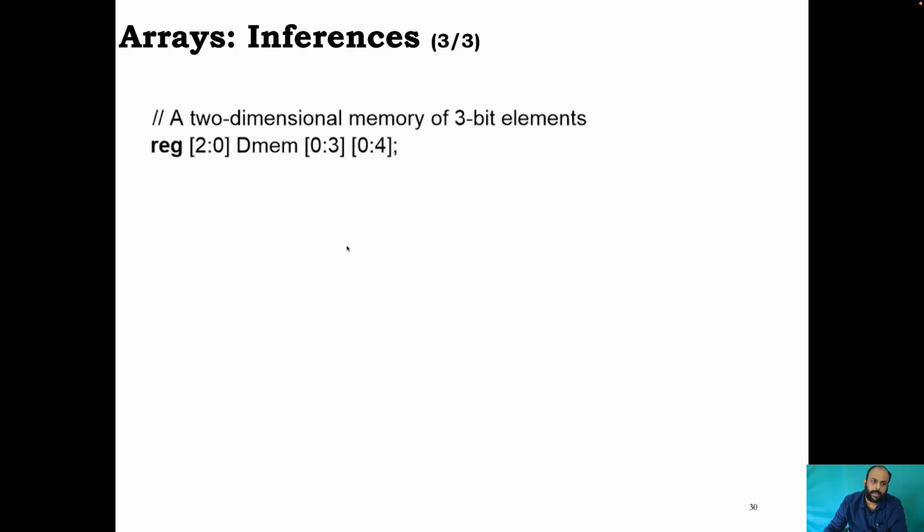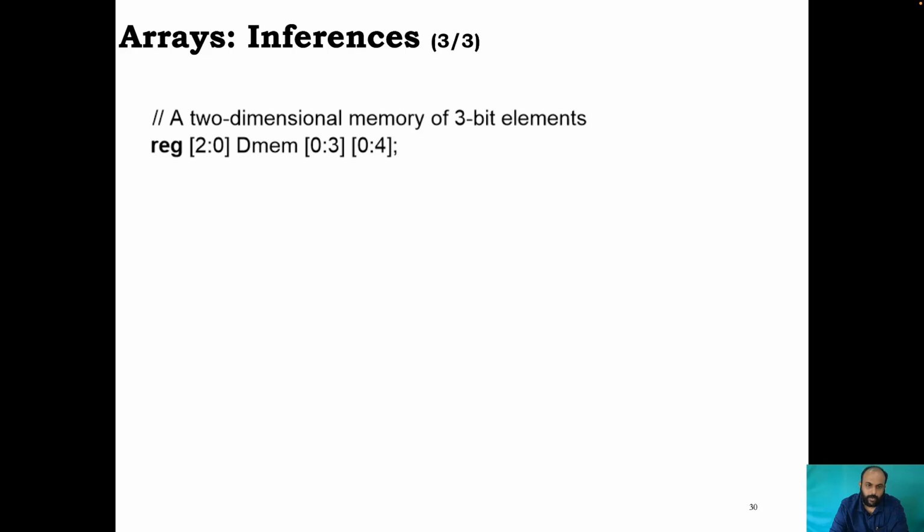Now, two-dimensional array. Now you look at this declaration. Can you just take a minute to see whether you are able to identify what kind of memory structure it would be? Yes, of course. Since the width is specified after the variable name, it's an array. You find two widths specified, so it's a two-dimensional array.